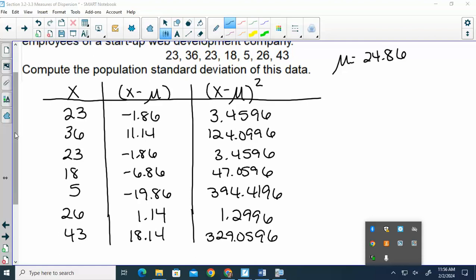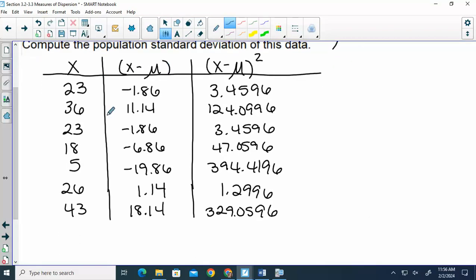If you want to check yourself, add up all of your x minus mu's. So if you just add this column, what do we get?